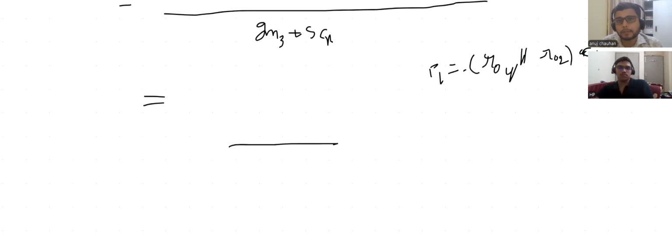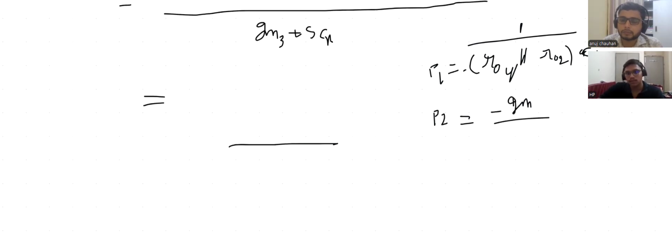Pole means omega, it should be 1 upon that value, no? Yes, sir, sorry. And pole two is minus gm by Cx.